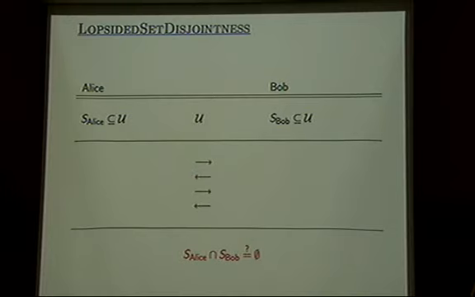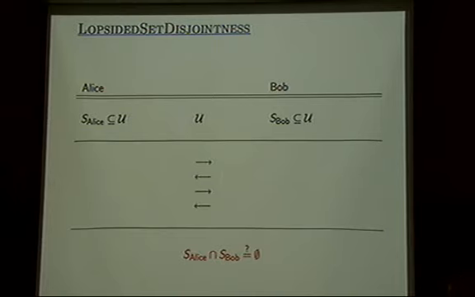And it's known that if they want to solve this problem without any error, then the protocol is going to be very long. So they need to communicate a lot in order to solve this problem. But what could they do? Alice could just tell Bob everything. Hey Bob, by the way, I got chocolate, I got this, I got that. It would take forever. And then Bob would know whether he has something in common.